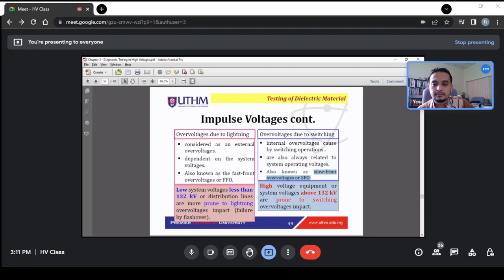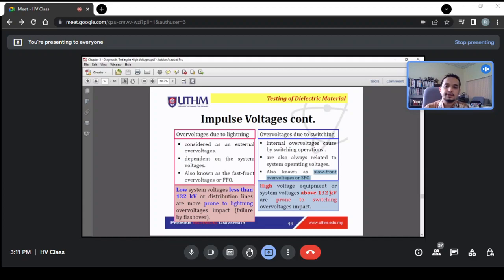Okay, lightning, as we know, the effect is very instantaneous. For a low system voltage less than 132 kV, these are more prone to lightning overvoltage failure, while above 132 kV, these are prone to failure due to switching. Why switching? Because the switching activities for 132 kV and over are very serious and severe.